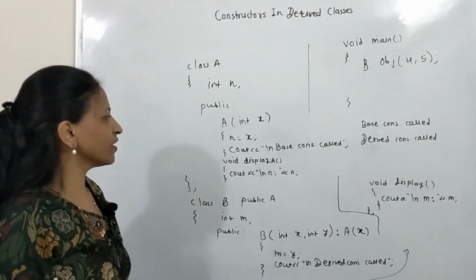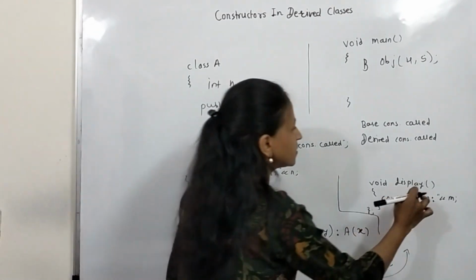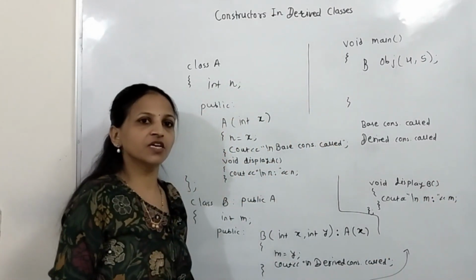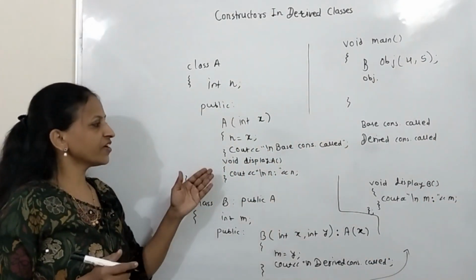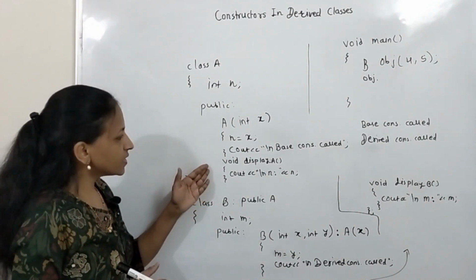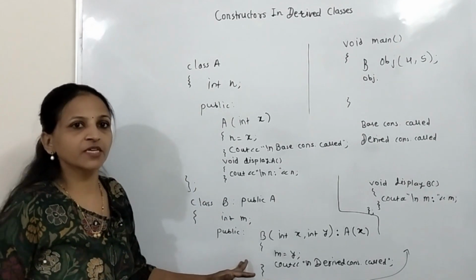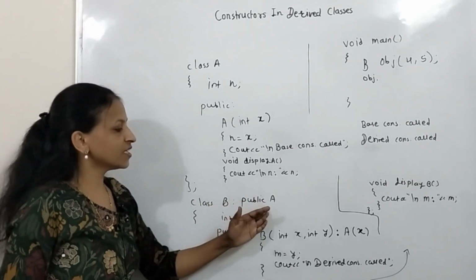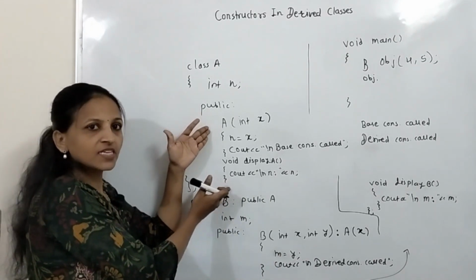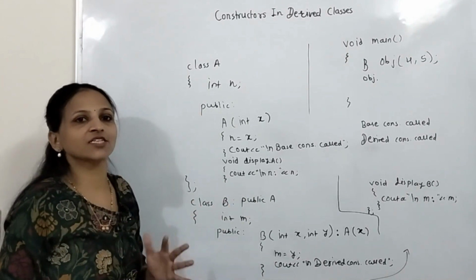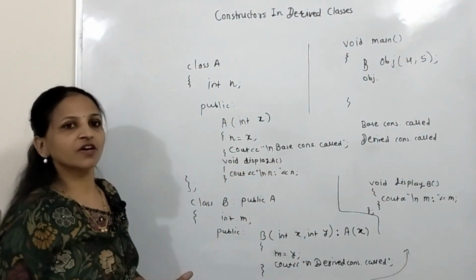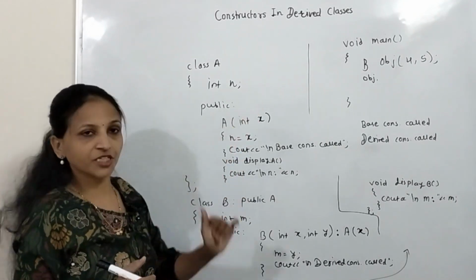Now we will call display A, and here I am giving the name display B, both member functions one by one. We can call the display A member function very easily, because it is now part of class B also, because class B is derived from class A. Whatever is present inside the public section of class A will automatically come inside the public section of class B. That's why display A is a part of that object also.